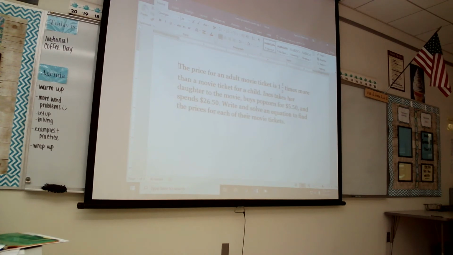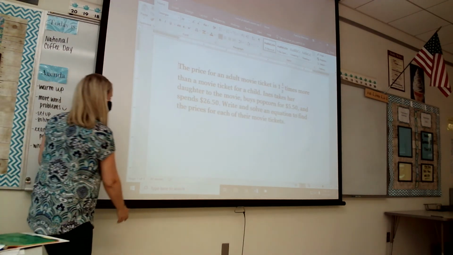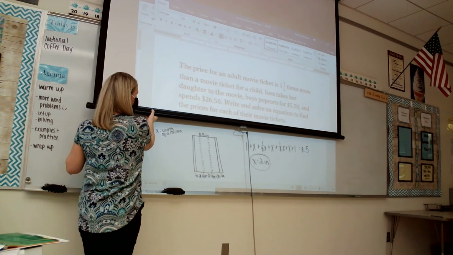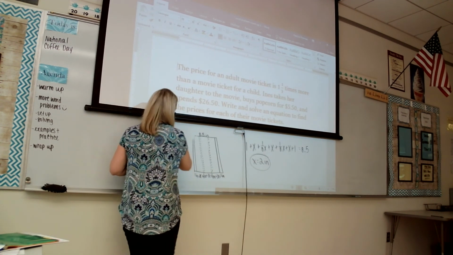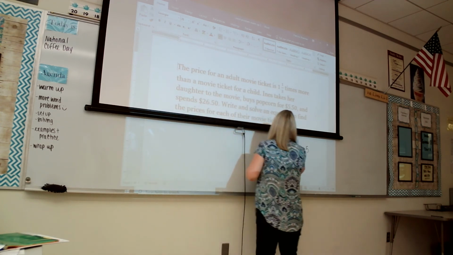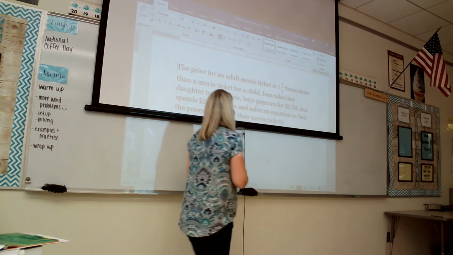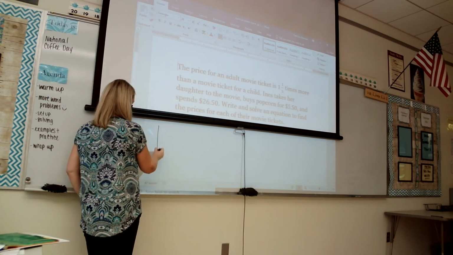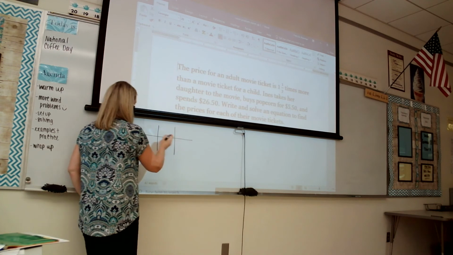Okay, here we go. So I just kind of organize the wording first here. So the main thing is, okay, I'm comparing two things, so I like the chart. The chart helps me not freak myself out here.